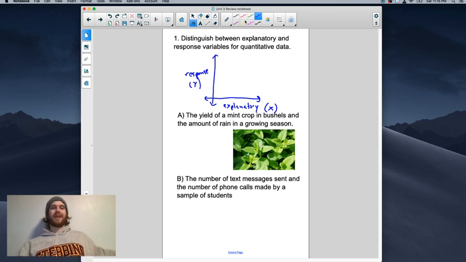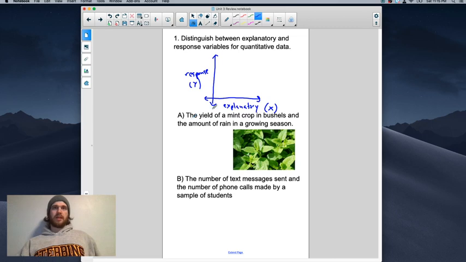So when we look at a situation, how do we tell what we're trying to use to predict the other? Which one goes where? I think you guys are probably going to have pretty good intuition on this. Let's look at the first example: the yield of mint crop in bushels and the amount of rain in a growing season.